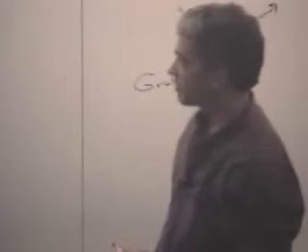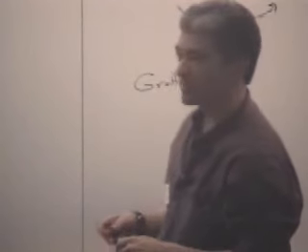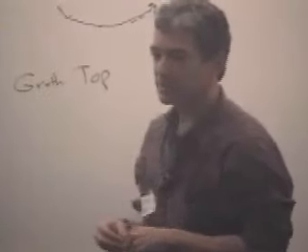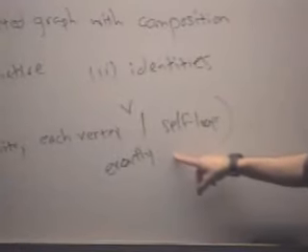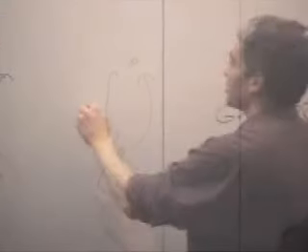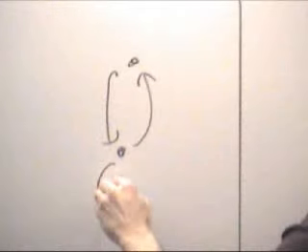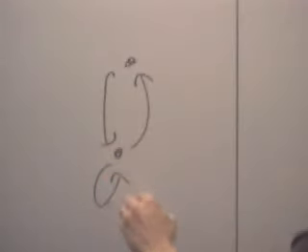Oh wait, so you asked, when you said a directed graph with composition is associated with identities, you also require that the composition of no arrows is the identity. Did you ask that in addition? Yeah, I sort of did. If you have this, it is okay, as long as the composition of this is the identity.